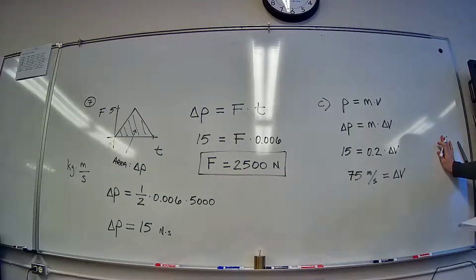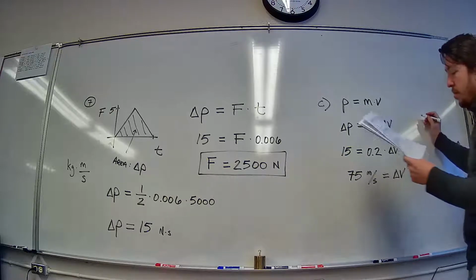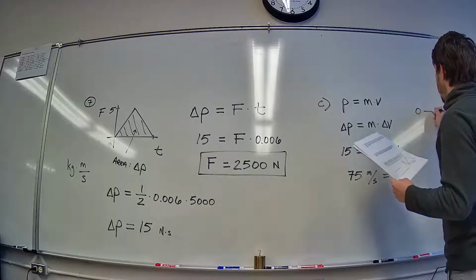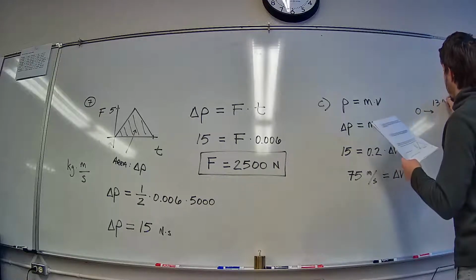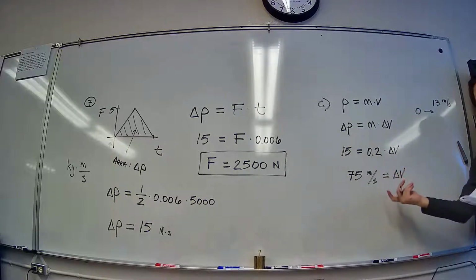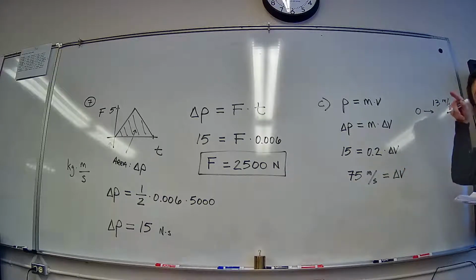So let's see, why is that? Well, if we read this carefully, it says the ball is traveling to the right at 13 meters per second. But what direction does the bat hit the ball? This way, left. So the change in velocity, we should think of as a negative number, right? Because it points this way.